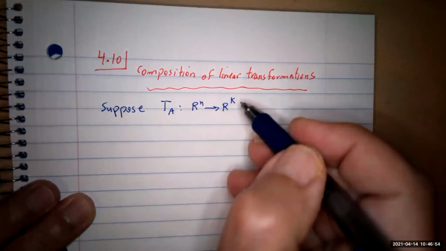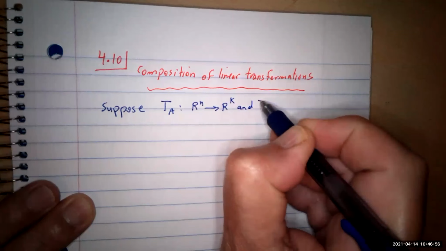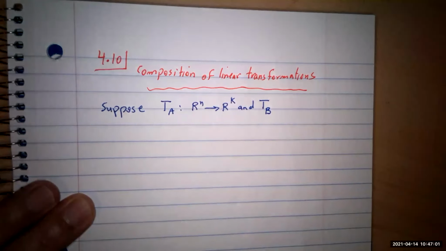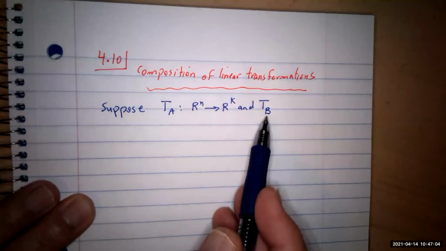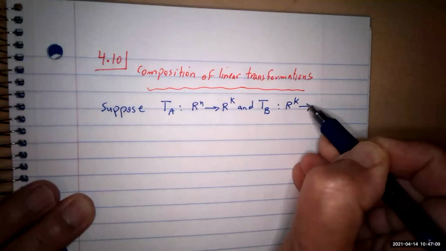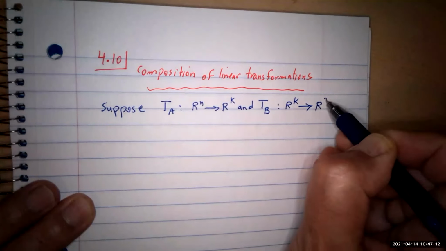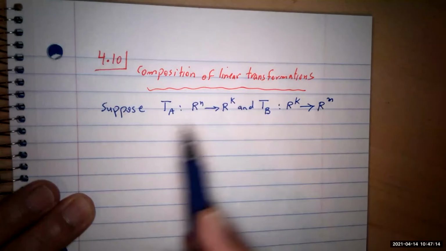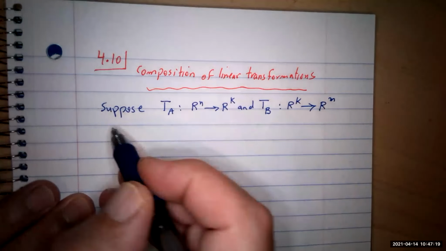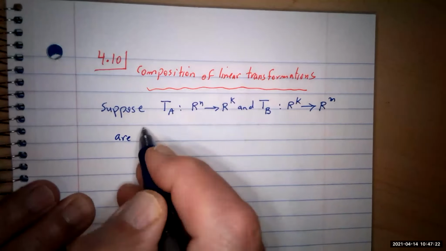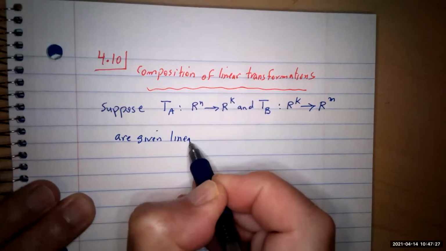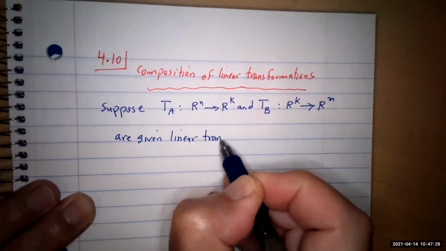And another transformation, we call it T sub B. So A is the associated matrix with the first, and B is the associated matrix for the second one, and this is going to be a function defined from Rk to Rm. You know that the domain and the range of the one in between must be the same, if they are given linear transformations.